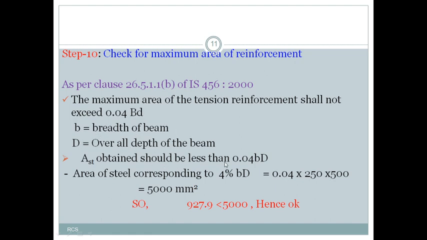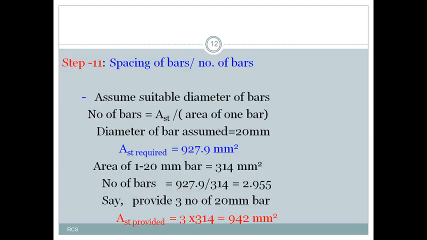The obtained value should be less than 4% of this bD. If we calculate 4% of bD, that is 0.04 into 300 into 500, we will get a value which is 6000 mm square. Anyhow, the area calculated, 927.9, is less than the maximum value of tension reinforcement allowed in the steel. So hence it is okay.